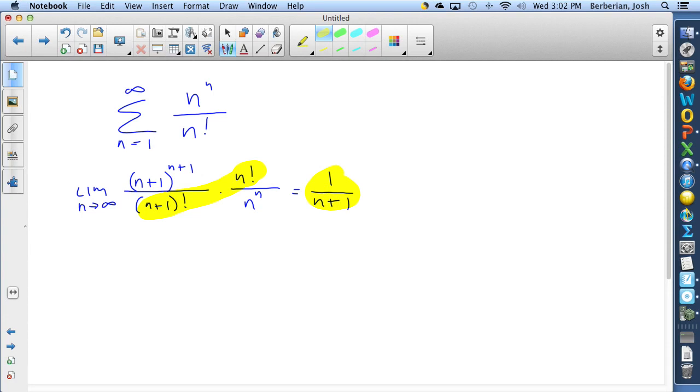Right, n factorial is thinking, hey, I'm n times n minus 1 times n minus 2 times n minus 3. N plus 1 factorial is thinking, hey, I'm n plus 1. What's the term before n plus 1? n, times n minus 1 times n minus 2. So do you see how you're going to be left with 1 over n plus 1?